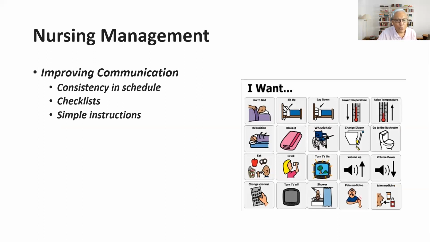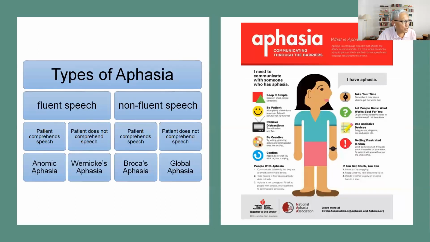All right, we could also improve communication by being consistent in schedule, as well as developing checklists, as well as giving the patient simple instructions. All right. So this is going to be aphasia, and remember that Wernicke's aphasia is going to be a fluent aphasia.